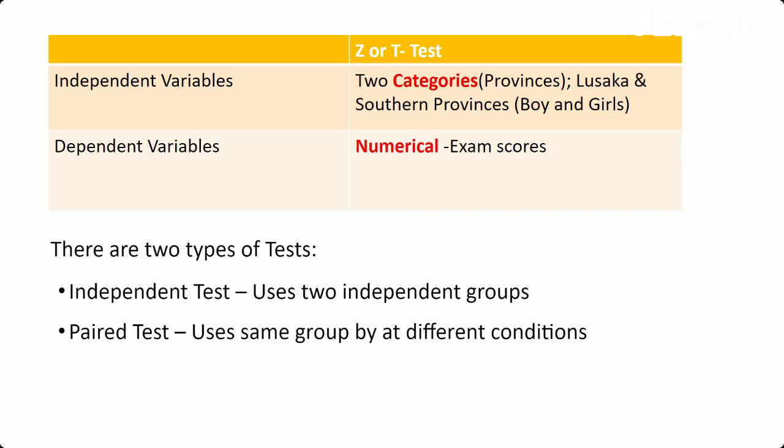The same people have different scale readings in January and in June. So you carry out that test on the same people, but under different conditions, maybe after feeding them a particular diet and checking them after some time. So paired test and independent test are both used in Z or T test.